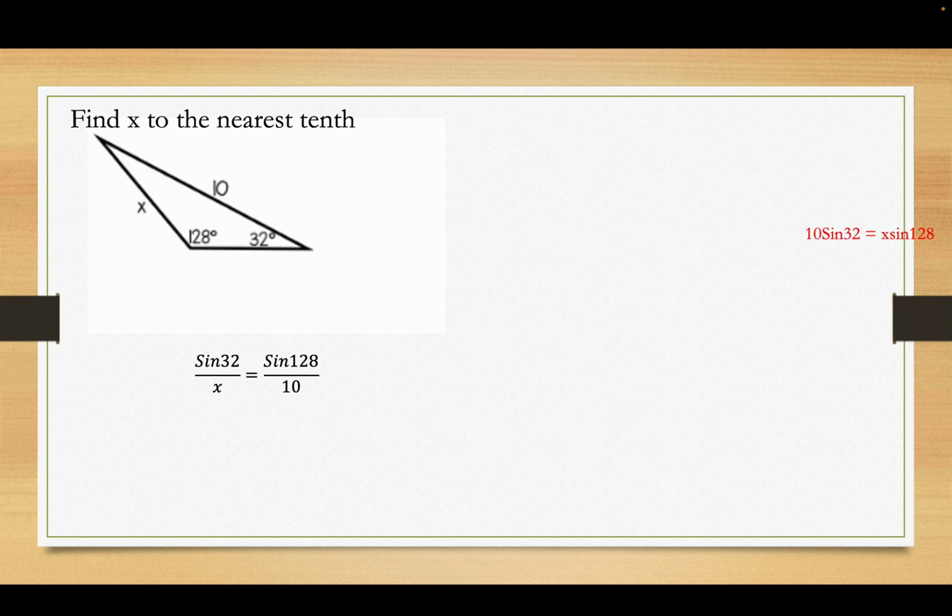That makes no difference. Okay, so cross multiplying, 10 times the sine of 32 is x times the sine of 128. Now, I look up the sine of 32. It's 0.5299. 10 times that, well, that's easy. That's 5.299. Now I need to divide by the sine of 128, and I get 6.7. That's what x is equal to.